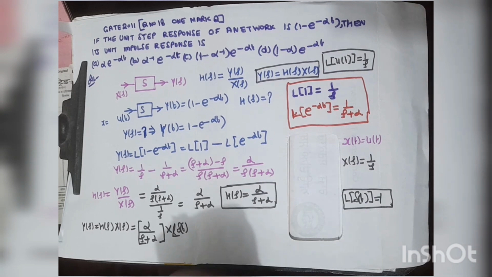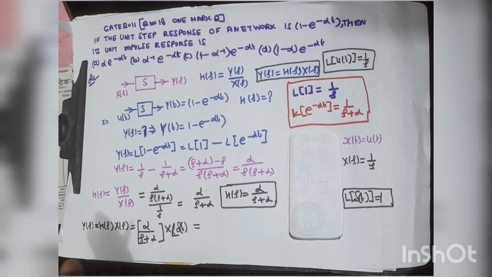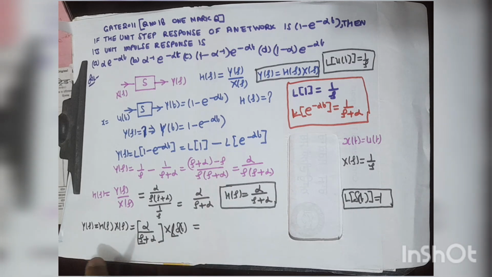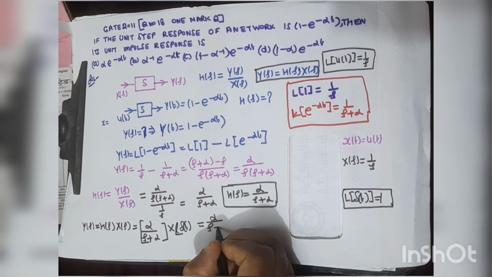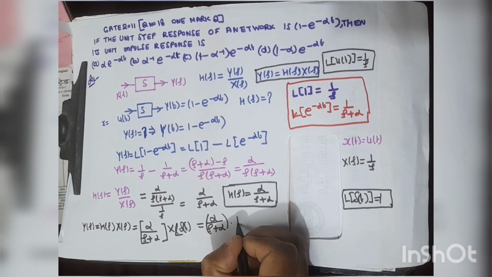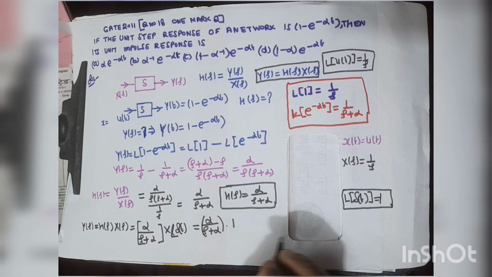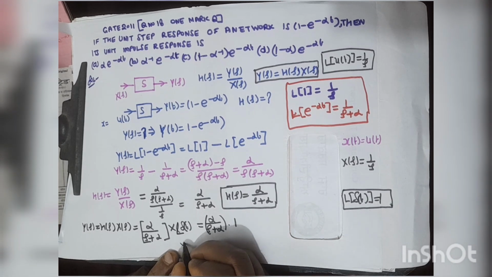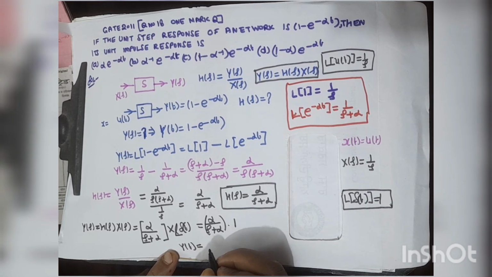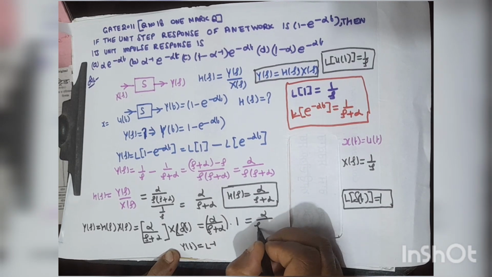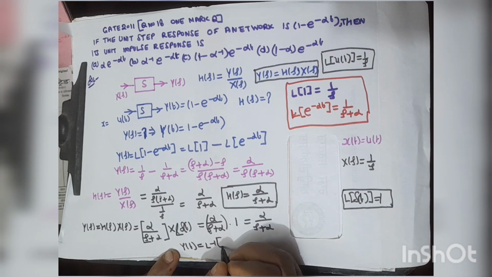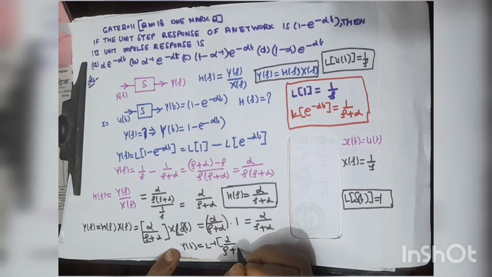So the output for the unit impulse function will be the transfer function multiplied by the Laplace transform of the unit impulse function. It will be alpha divided by s plus alpha multiplied by 1. So the output signal y(t) will be the inverse Laplace transform of alpha divided by s plus alpha.